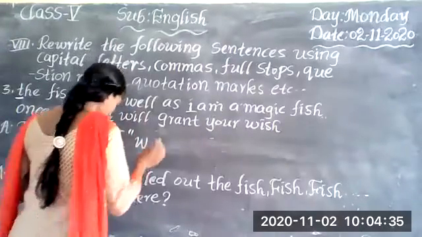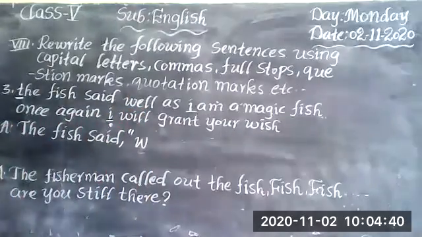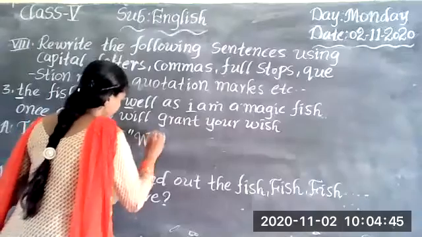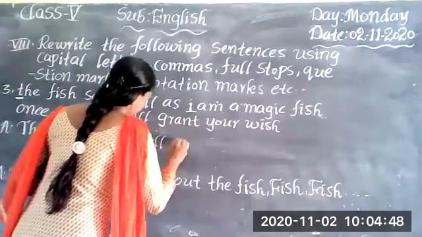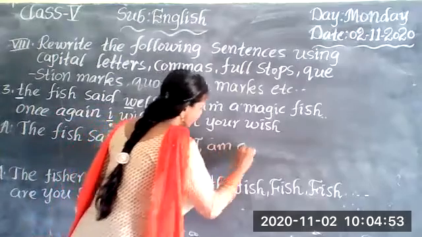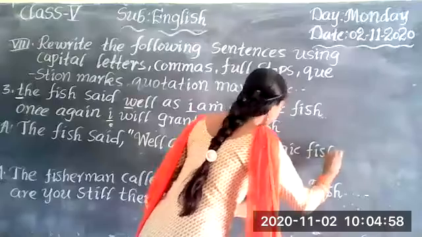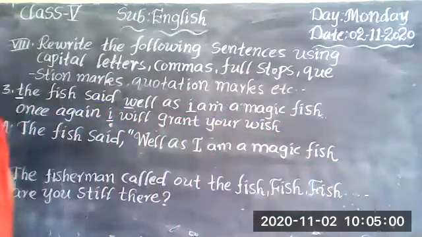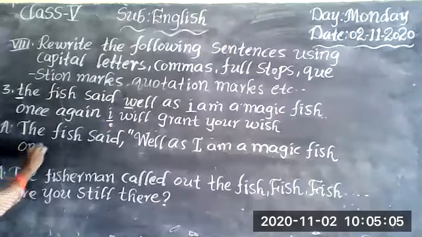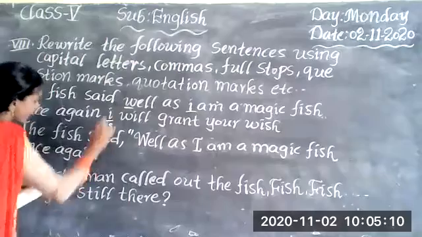Well, W we should write capital here. And I we should write capital. I am a magic fish. Once again, I capital.